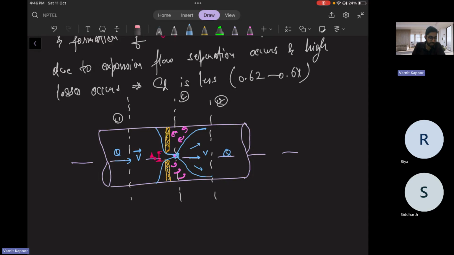So initially the pressure was higher here, P1. Here the pressure will be dropping because velocity is very high. The minimum pressure happens at PC. And then again pressure increased because of the expansion, but not up to P1. So this is P2. P1, PC, and P2. All right, clear?